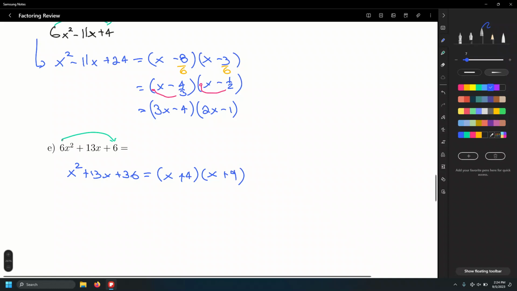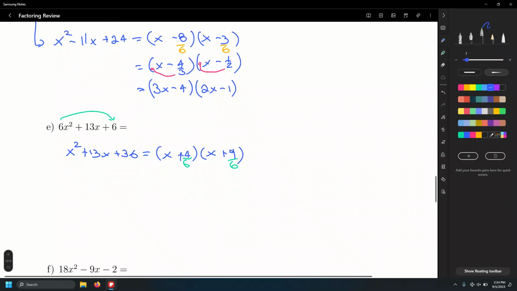Now, here is the thing. We multiplied by 6. Now we need to divide by 6. And just like the previous problem, first make sure to reduce these fractions. They can be reduced, by the way. So 4 over 6 equals x plus 2/3, and x plus 3/2.